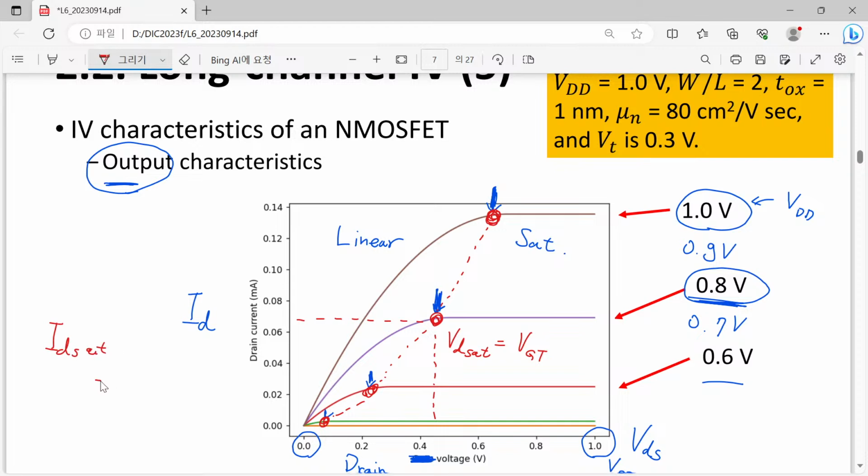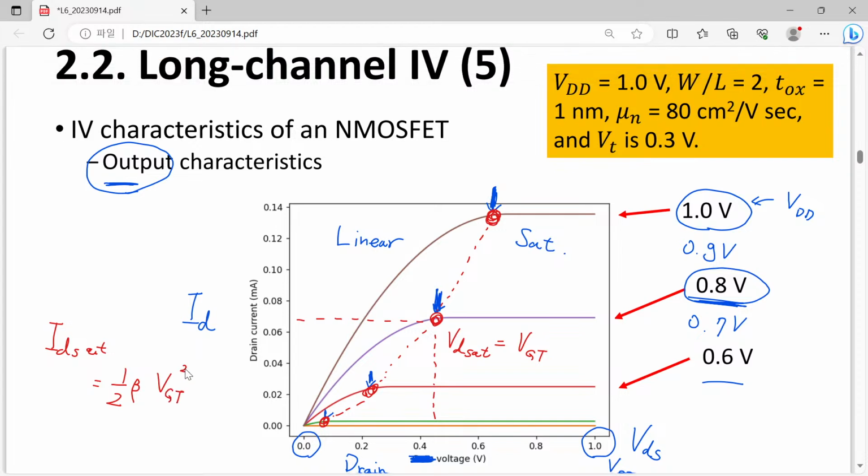And if you remember correctly, the saturation current was given by half beta multiplied by the squared gate overdrive voltage. So that's the reason why its y-axis corresponds to the square term of the gate overdrive voltage, and its x-axis corresponds to the linear term of our gate overdrive voltage.